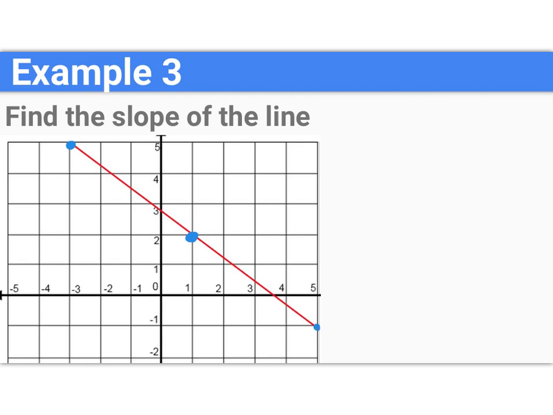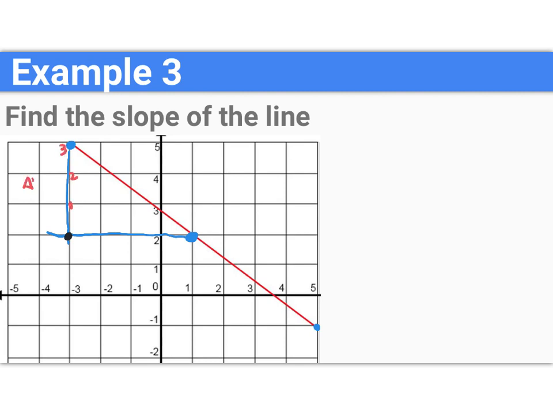So what you got to do is find a change in y and the change in x, and it intersects right here. And so now the change in y, count from the black, 1, 2, 3.